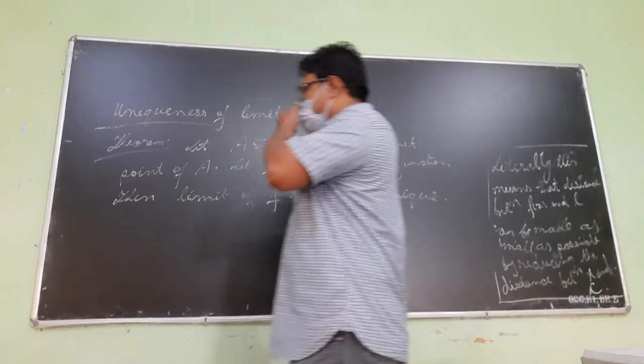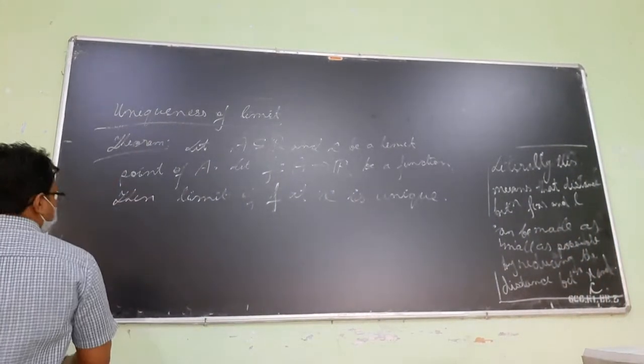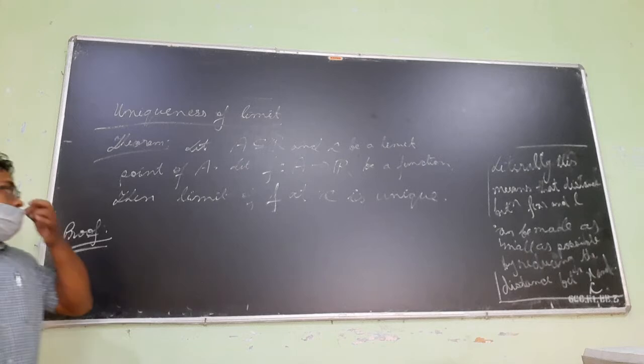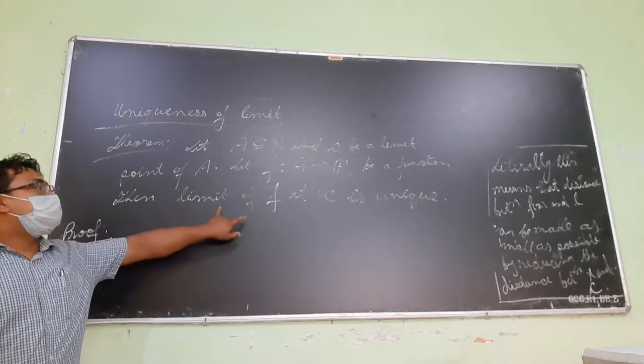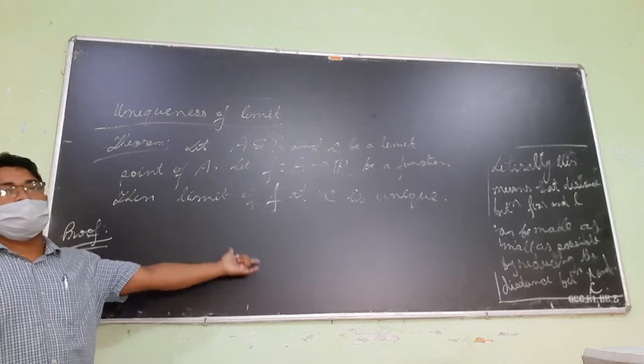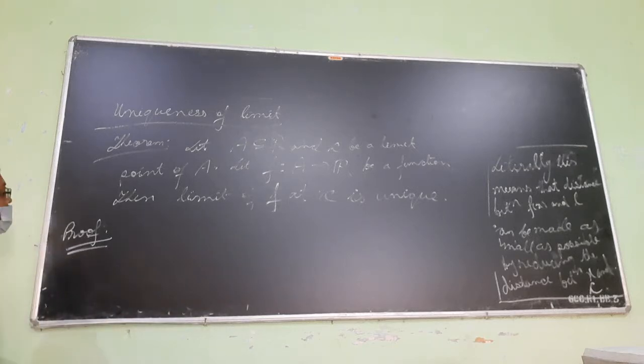So how we will do this? First we will suppose that it takes two different limits, and then we will arrive at a contradiction. Right.